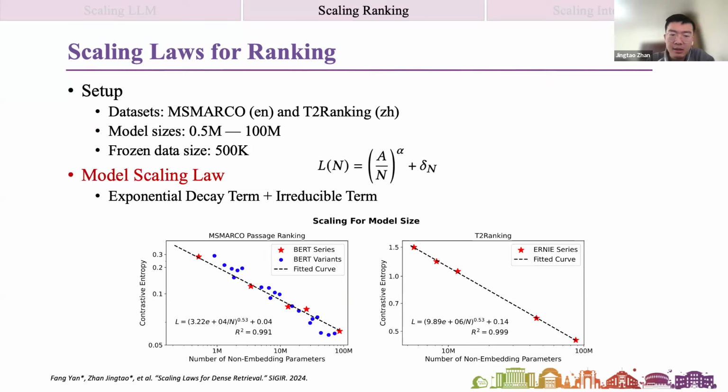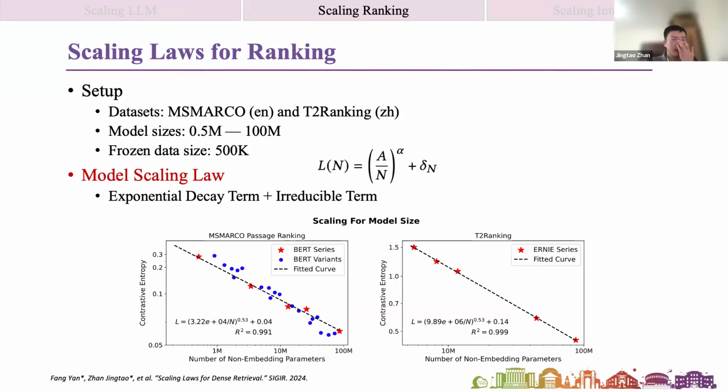This slide shows the model scaling law. We conduct experiments on MS Marco and T2 ranking. The two datasets are web search datasets for English and Chinese respectively. And the model size ranges from 0.5 million to 100 million.